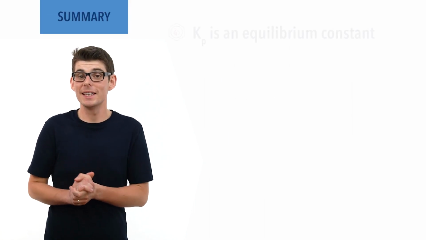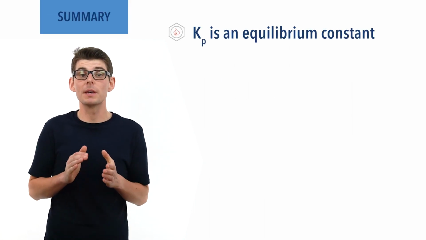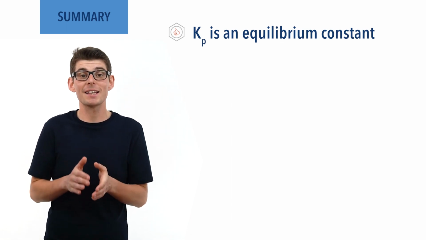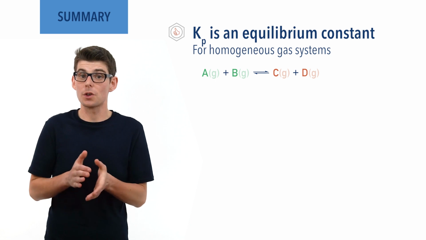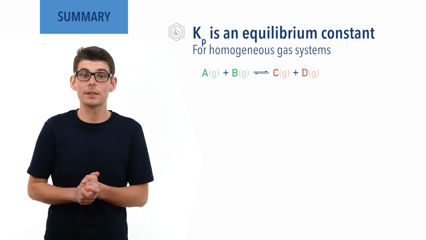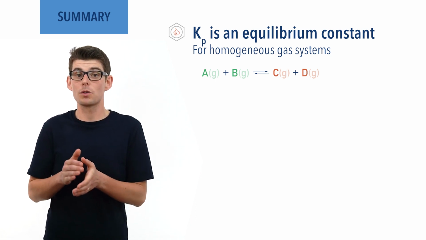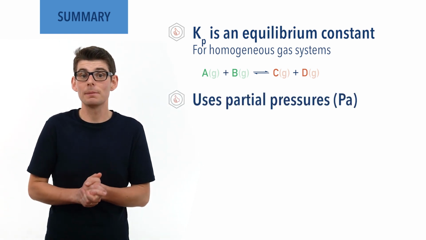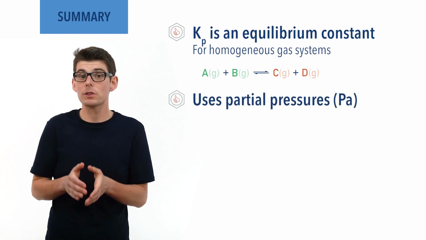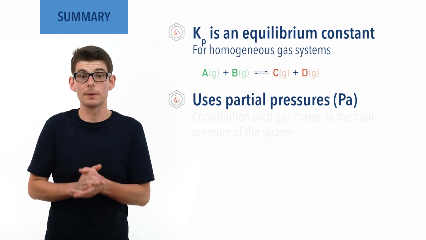So, to summarise, Kp is an equilibrium constant that can be applied to homogeneous gas equilibrium systems. Unlike Kc that uses concentrations of products and reactants, Kp uses their partial pressures. The partial pressure of a gas in a system is the contribution it makes to the total pressure of the system.